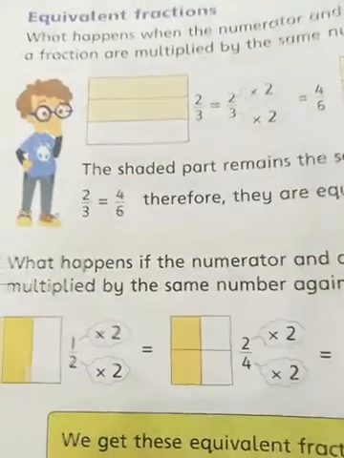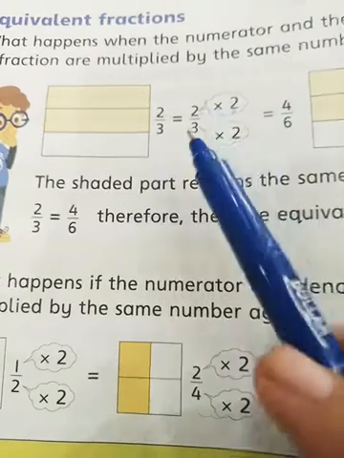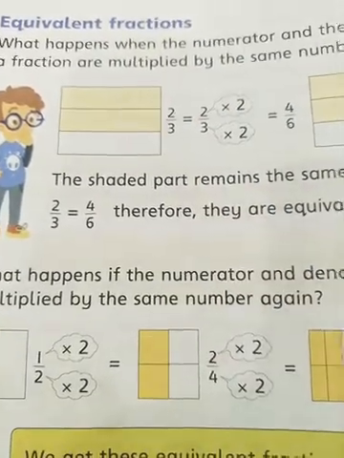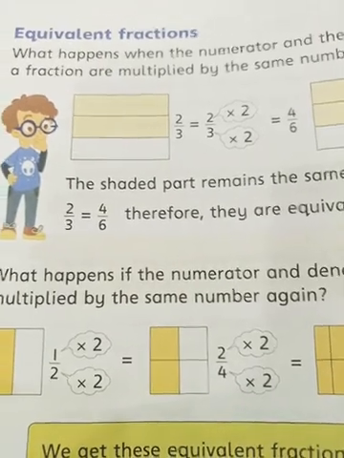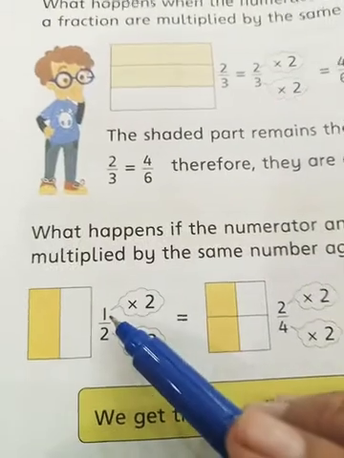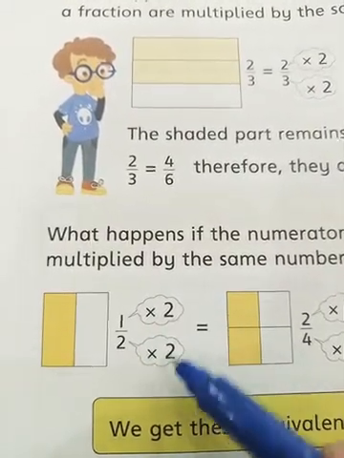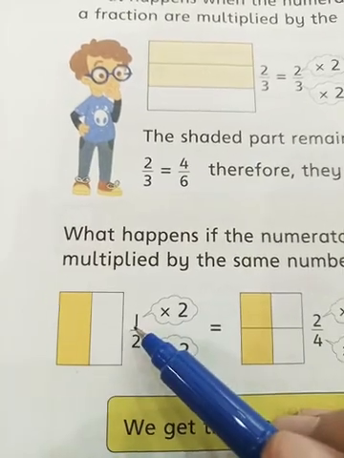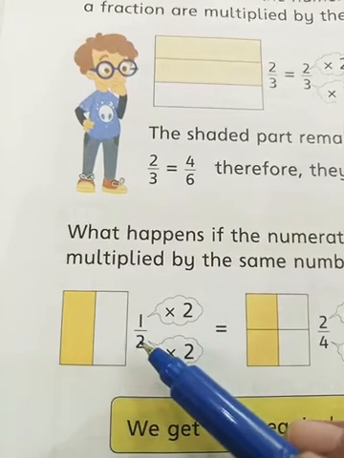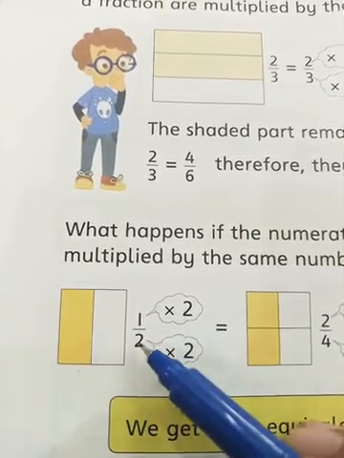Okay, dear students, if we multiply the numerator and the denominator with the same number again and again, what will happen? Look at this, here the fraction is 1 by 2. We are going to multiply numerator and denominator with the number 2. So students, look at this, here this shape is showing the fraction 1 by 2, and if we multiply it, then this will become 2 1s are 2 and 2 2s are 4.